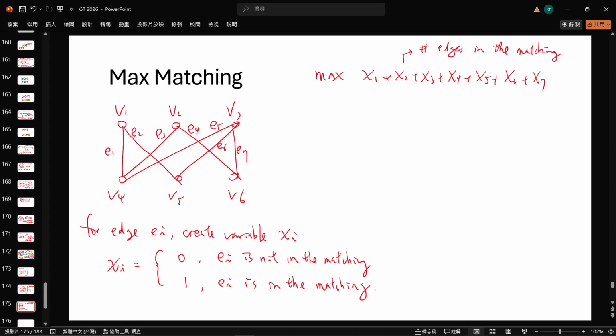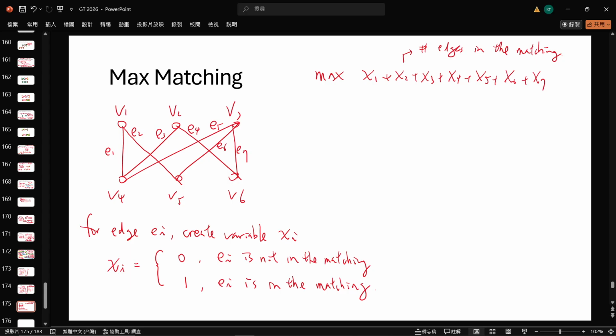Because I just said that the constraint should be in a very simple form of linear or weighted combination. So you cannot say that among E1, E2 you can choose at most 1, or among E5, E6, E7 you can choose at most 1. You cannot use English or natural language to model the constraint. You have to use linear inequality to represent the constraint.